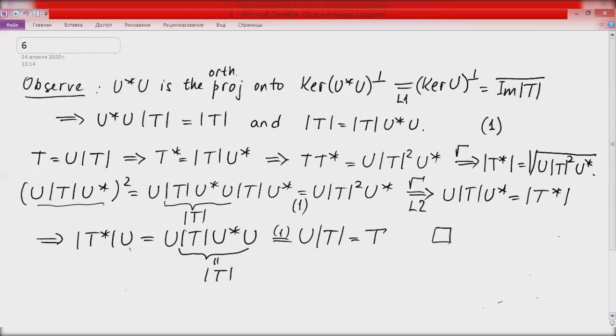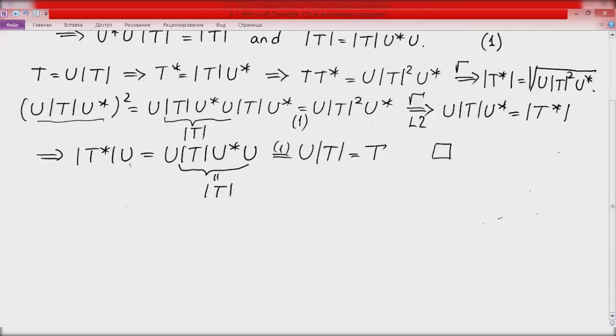Okay. Now, in conclusion, let's prove the uniqueness of the polar decomposition. So one more theorem. The uniqueness of the polar decomposition.